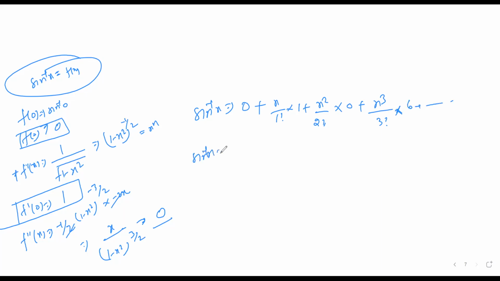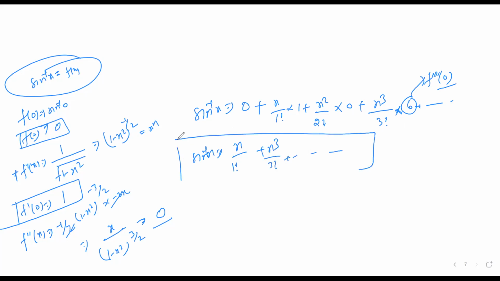So for sine inverse x, f triple dash of 0 is definitely 6 only. So if you substitute here, it will be x by 1 factorial plus x cube by 3 factorial, and so on. So this is the series for sine inverse. It's easy to find out. Always you need to put x equal to 0. Understood? Clear to everyone?